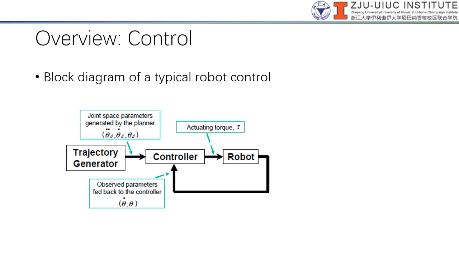This is a typical control scheme for a robot. You have things like joint space, and of course it can be converted to the task space. The observed parameters will be fed back to the controller to achieve the ideal outcome.